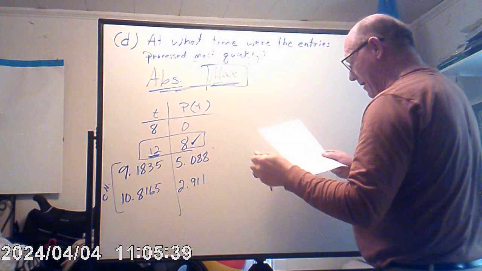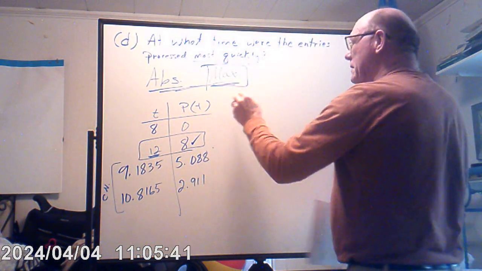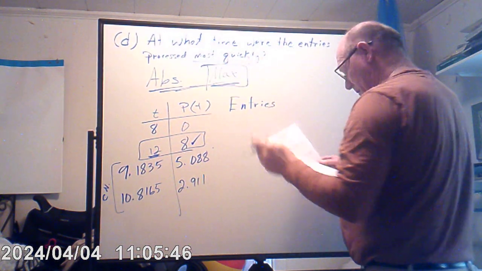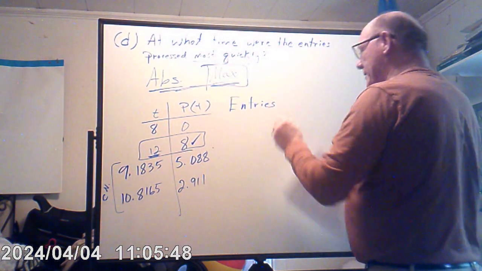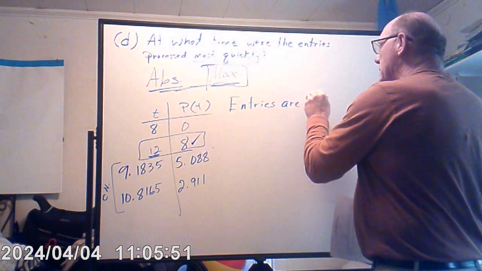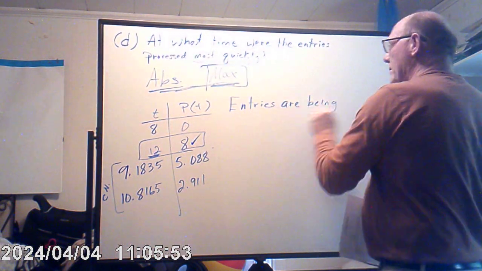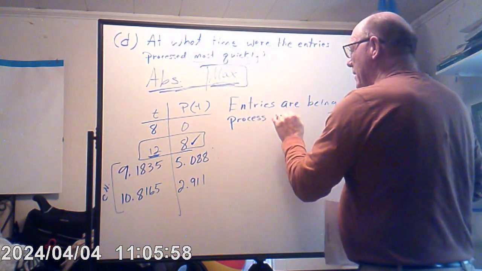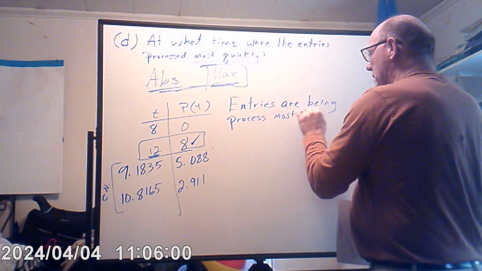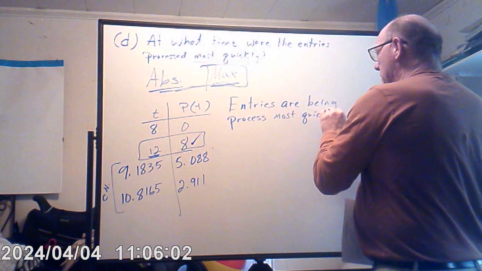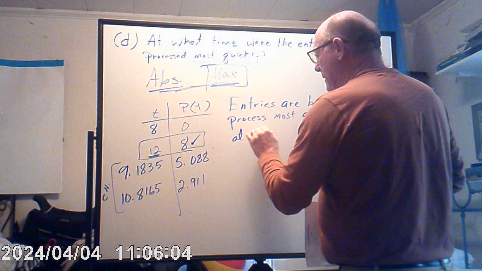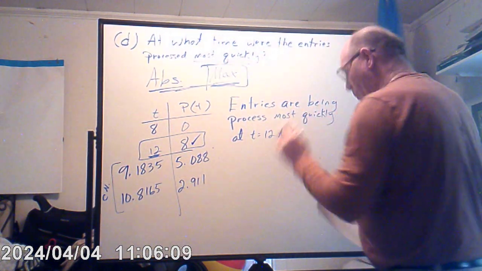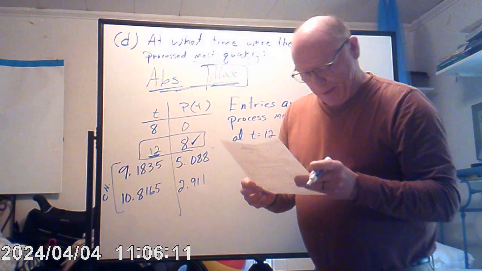All right, so here we go right here. The answer is: entries are being processed most quickly at t equals 12 a.m. There it is.